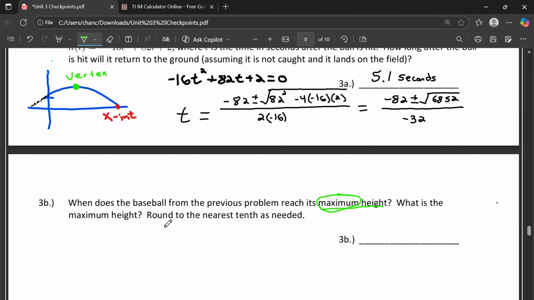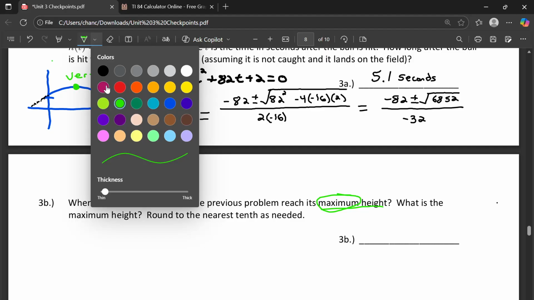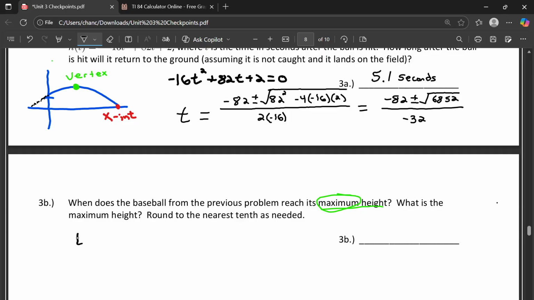All right, well, we need to find the vertex, which means that we are going to have to use the vertex formula, which is, I'm going to say t equals negative b over 2a. Normally it's x equals, but we don't have x's in this problem. We have t's in this problem.